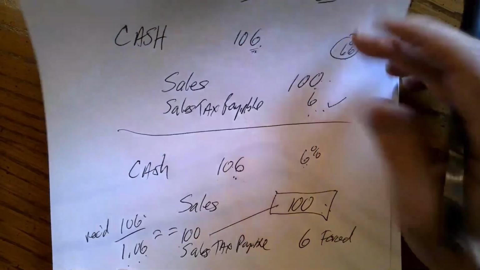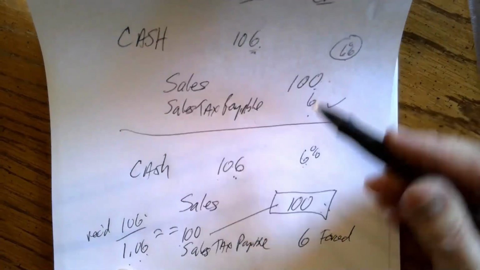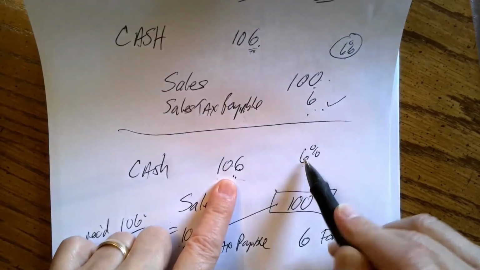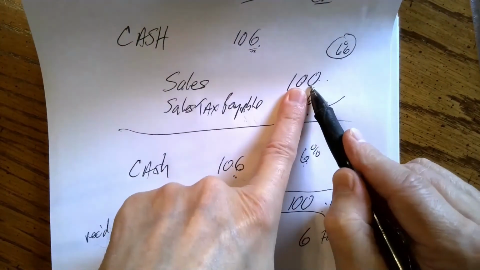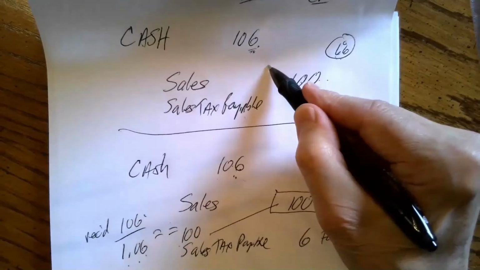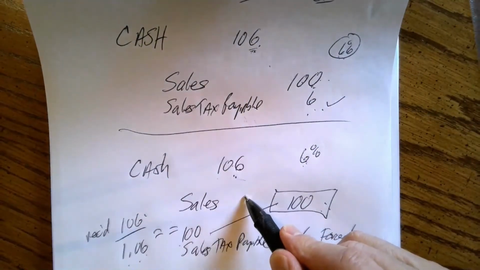So be able to record such transactions given either total cash collected and the sales tax rate, or the amount of sales made in that same sales tax rate. This is much simpler up here. This is a little more difficult calculation.